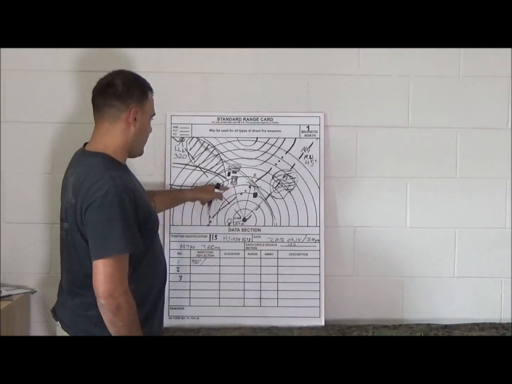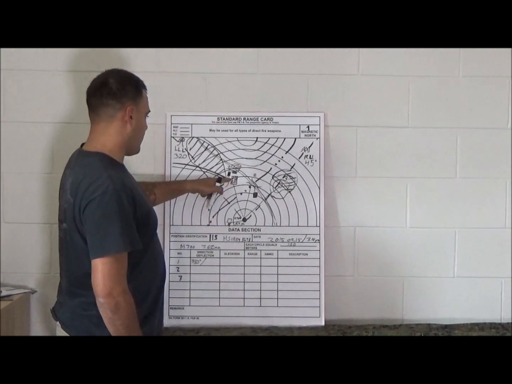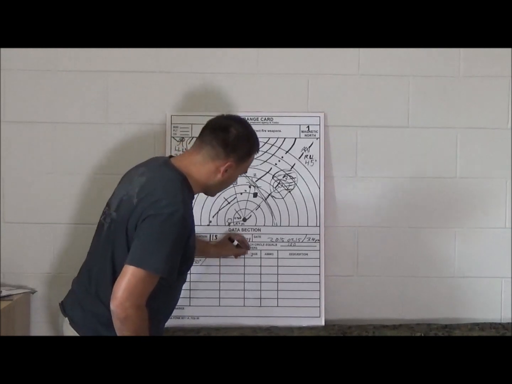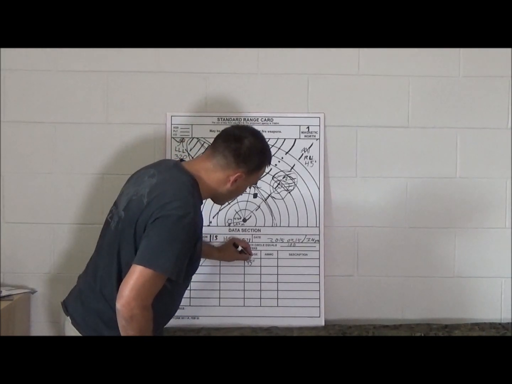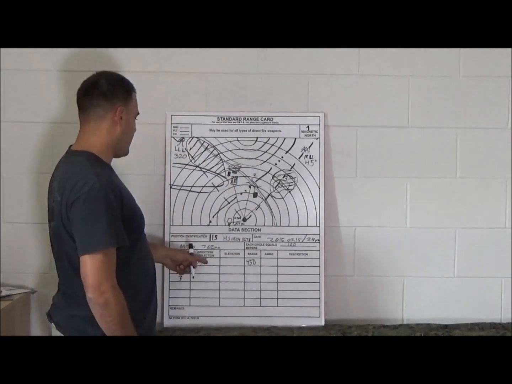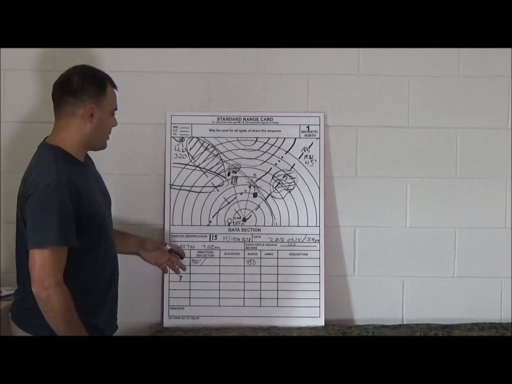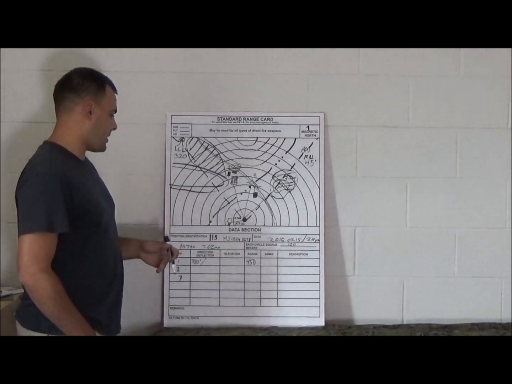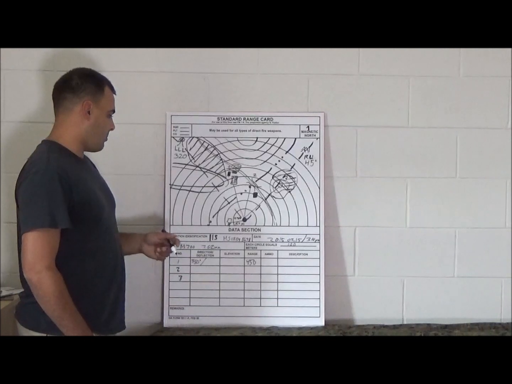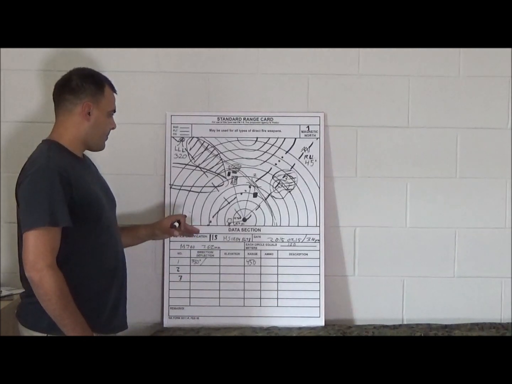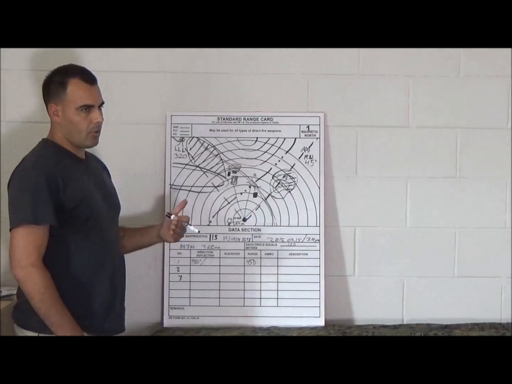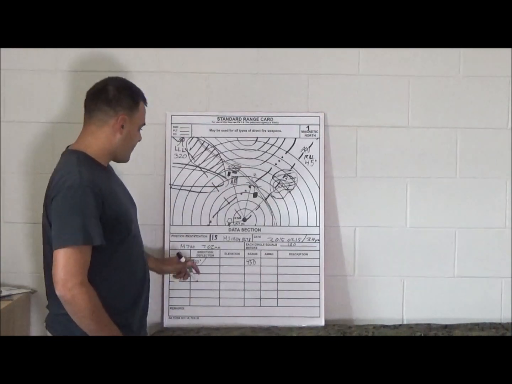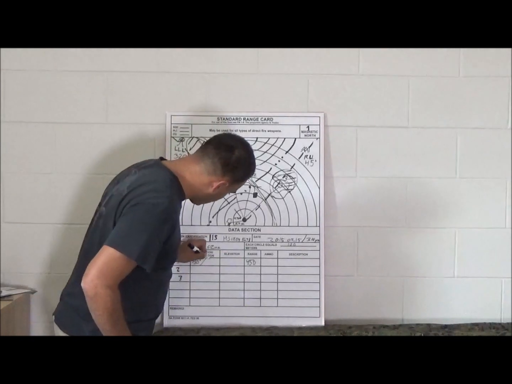So this target, we'll say, is about 450 meters or yards. All right. So for 450 yards, my 10-mile-an-hour wind correction is going to be about 3 minutes of angle, or about 1 mil. So I'm going to go with mils since I like to use mils.